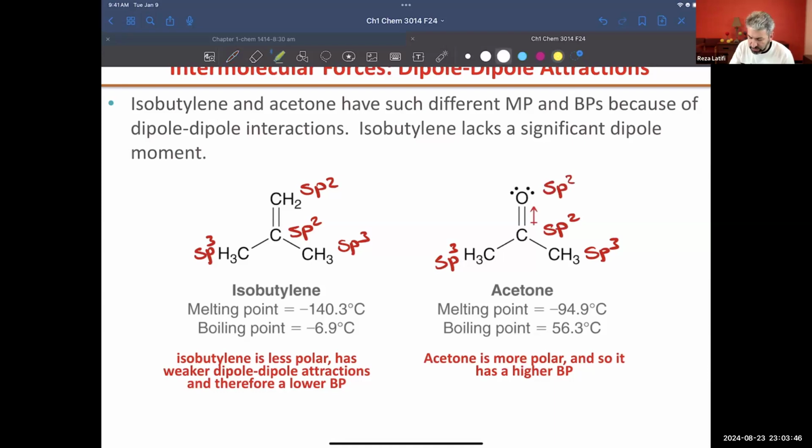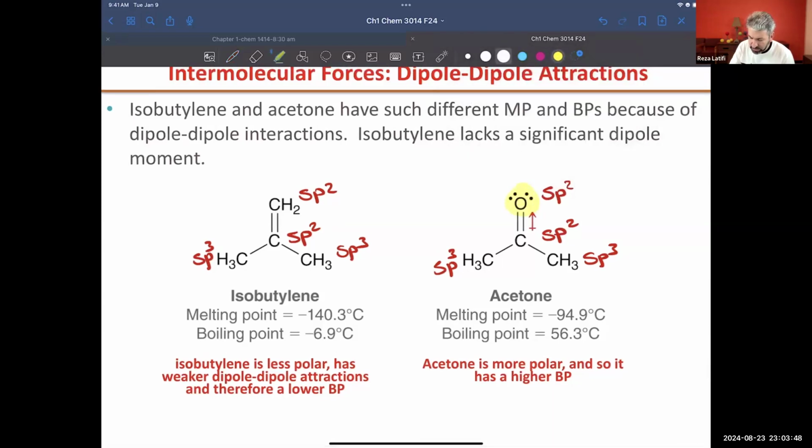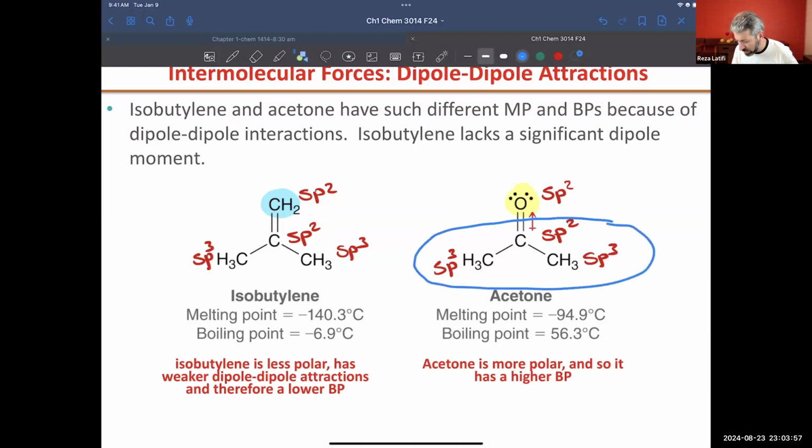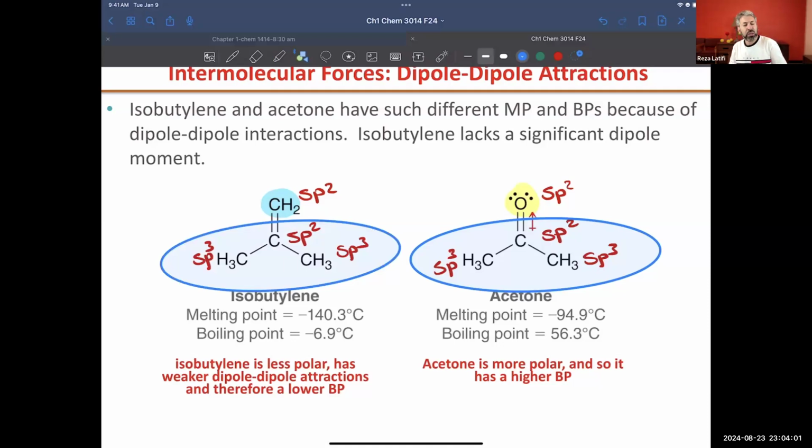Let's highlight these elements. It looks like these two species share the same components at the bottom, so the difference comes from O versus CH2.